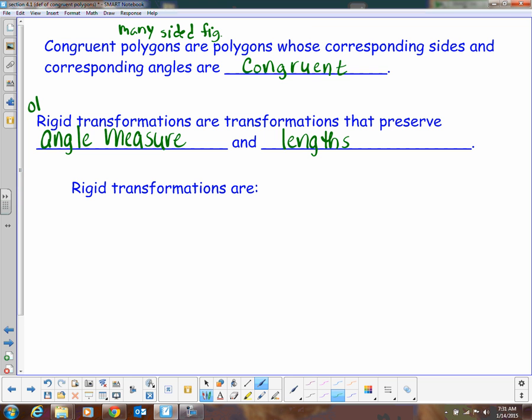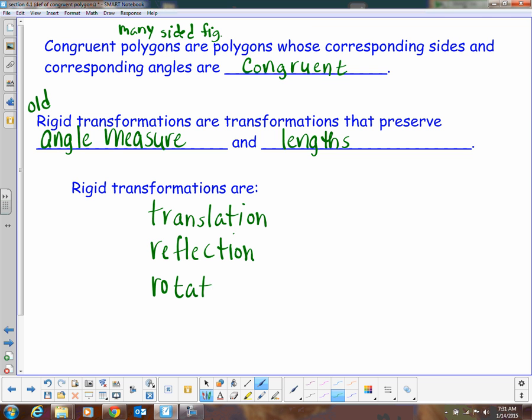This is old stuff. And you all told me translation. You told me reflection. You told me rotation. And you told me glide reflection. You told me all of those.